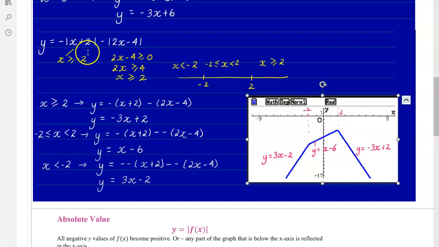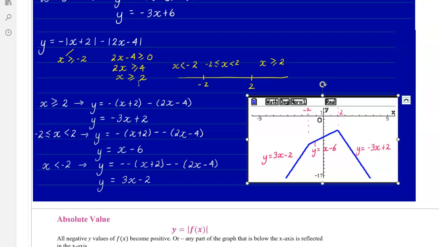When is this going to be always positive? Do we agree when it is greater than or equal to minus 2? When is this one going to be always positive? So 2x take 4: when is it greater than 0? Solve, when it's greater than or equal to 2. So then I break it up and ask, when have we got our effects?